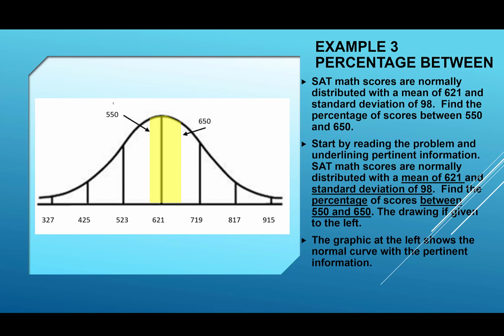So the pertinent information that we would underline would be mean of 621, standard deviation of 98, percentage between 550 and 650. So our graphic for the curve is shown to the left, and we do it exactly the same way, except that once we get the standard deviation marks written, we would find approximately where 550 and 650 are, and we would shade the area under the curve between those two.